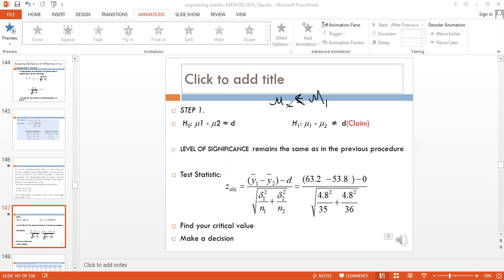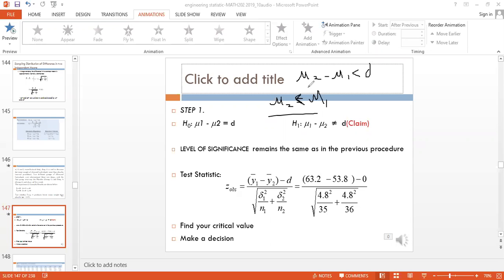Which also means that we can rewrite this hypothesis as mu2 minus mu1 should be less than the difference.